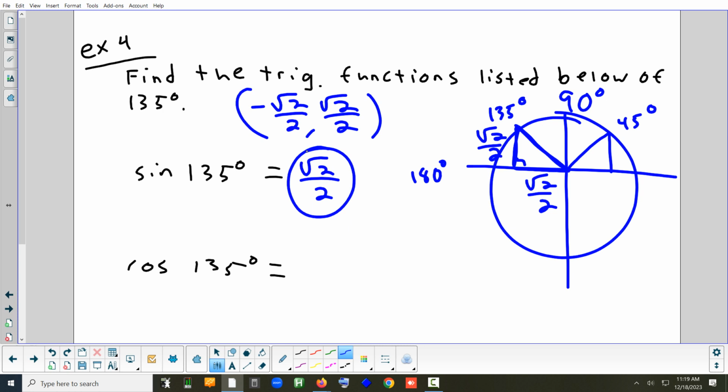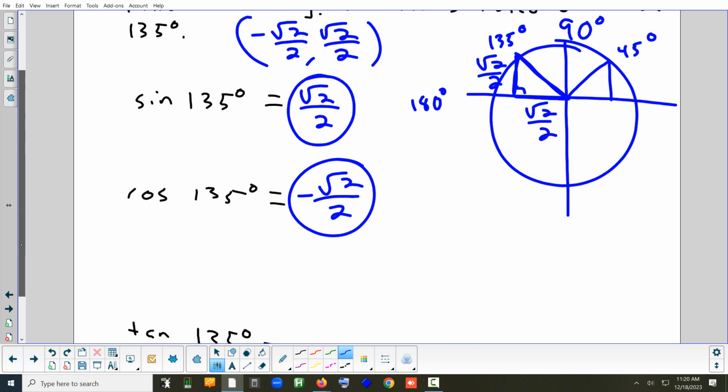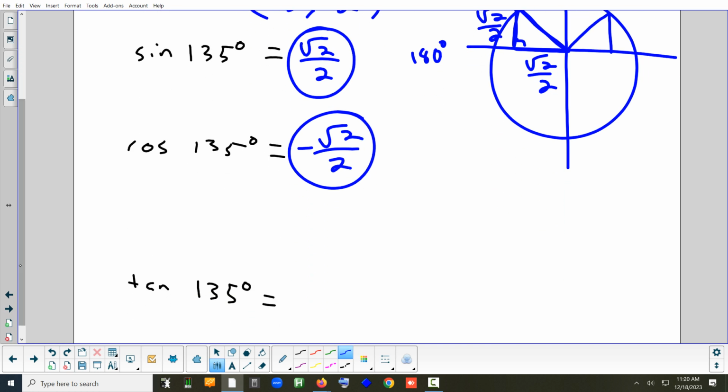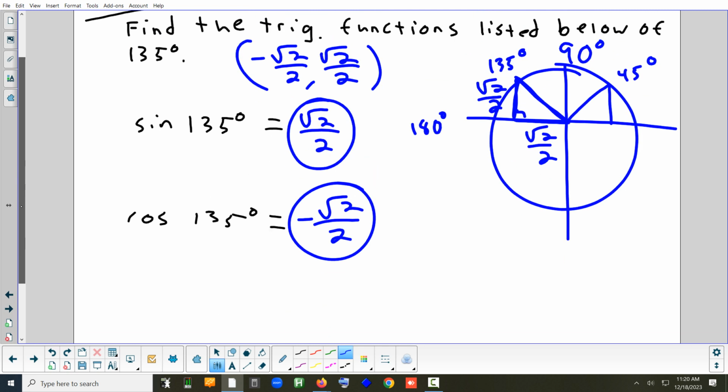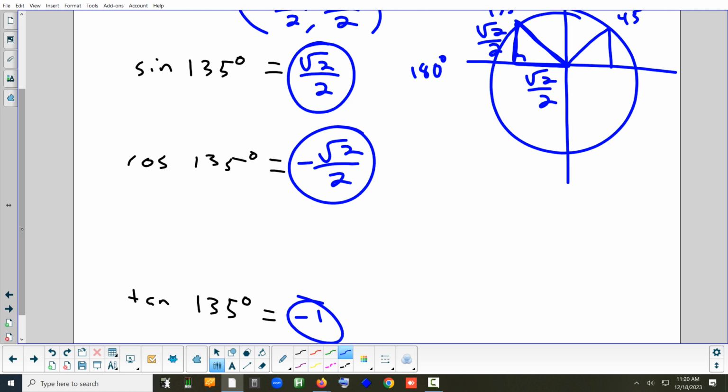Just negative square root of 2 over 2. Negative square root 2 over 2. And what about the tangent? The negative 1. Right, you're dividing two numbers that are opposites. That's negative 1. And I didn't do all 6. I just did the sine, the cosine, and the tangent. Any questions on the ones we did or how you would do the other three by flipping?